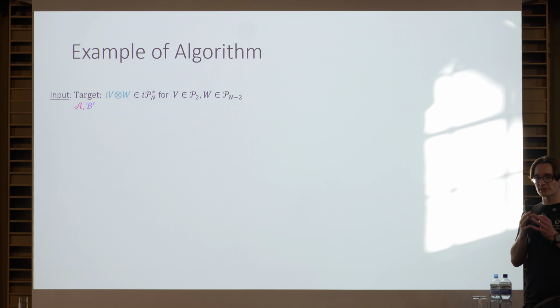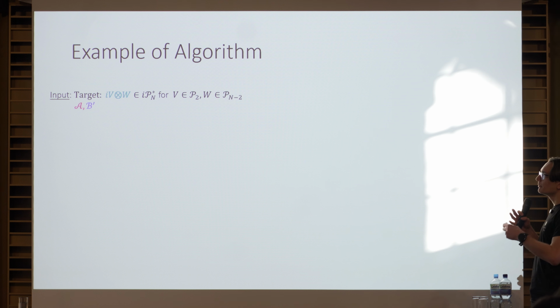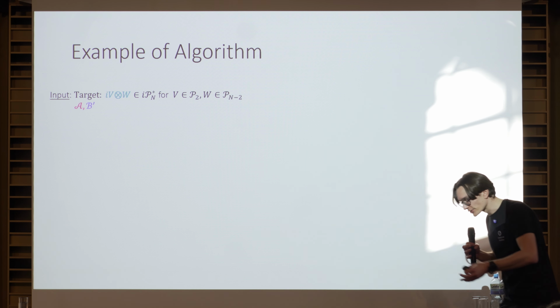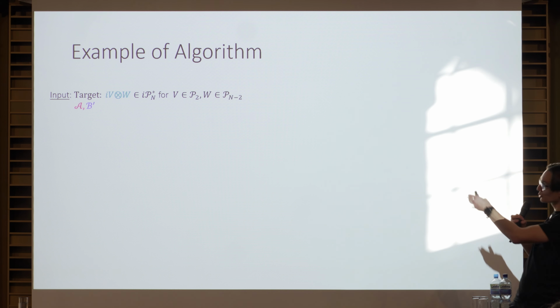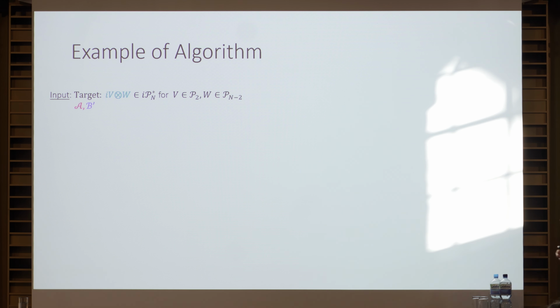I specifically separate it here into V and W, where V is this constant size set where I have the universal generating set of SU(4), and W is X on the rest. This will be important, and I have my generating sets here.